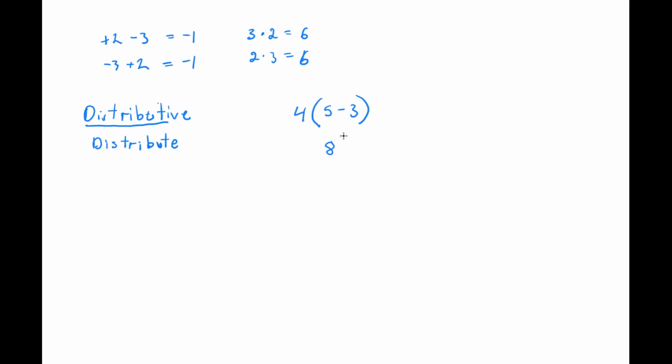That's what we would get as our answer doing it this way. Well, sometimes we have variables in here, so we can't exactly do all this math, and so we have to distribute what we can do to get some type of answer. Let me show you that it would be the same answer when we distribute versus when we just solve.